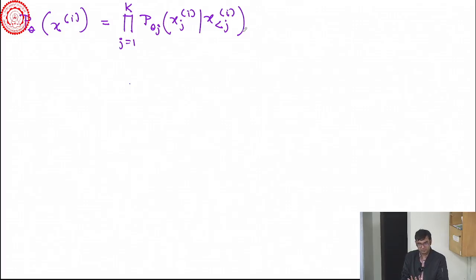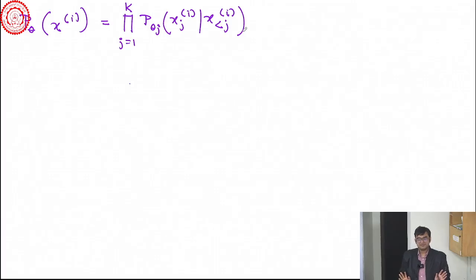I'll repeat once more because there are three or four things happening. First, it's a joint distribution evaluated at a given sample, and that sample is i, so i will sit wherever x is there. Second, for a given sample, the sample is a matrix or a vector. It has k features. And because it has k features, I will use the autoregressive formula to write it, which is the chain rule of probability: P of x1 multiplied by x2 given x1 multiplied by x3 given x1, x2, dot dot dot.